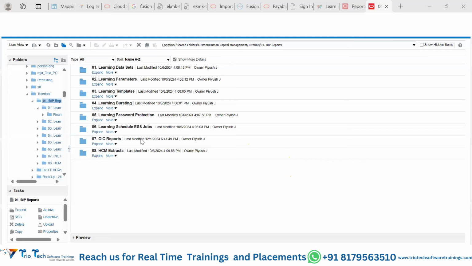So the purpose of this OIC is to transform the data from one location to another location. Am I right? It is not just to transport the data, it is a real-time integration. Suppose as an organization you are using Oracle Fusion as one of the software to hire the employee, and you are using maybe some software X to run and manage the payroll of the employee.